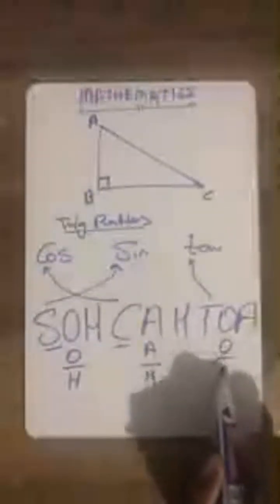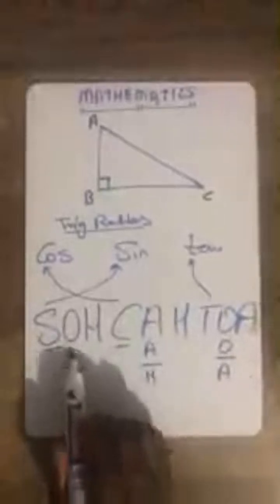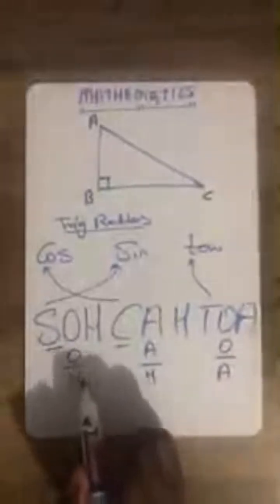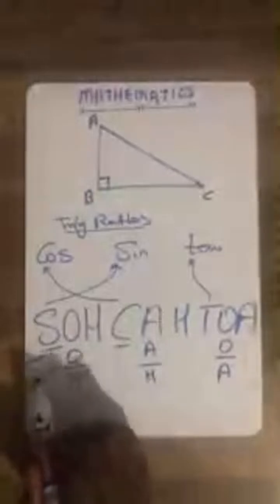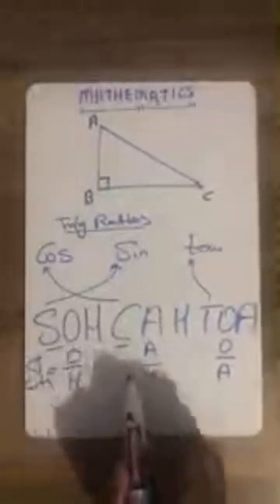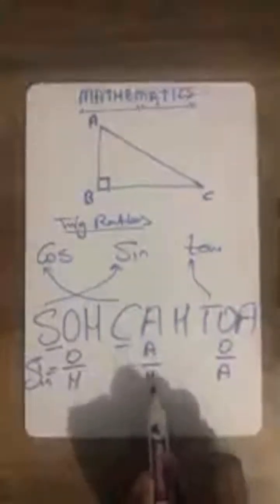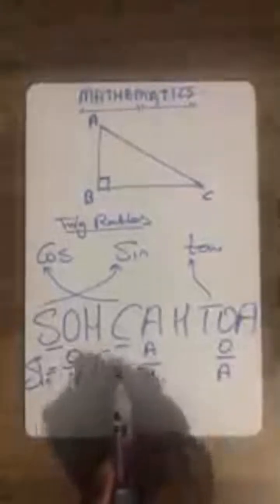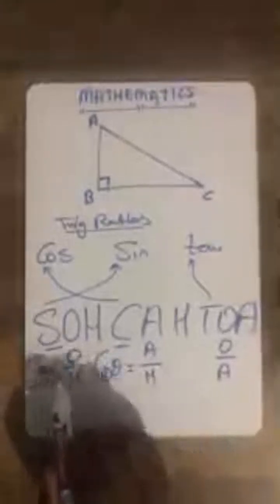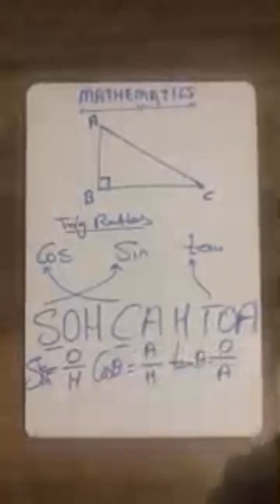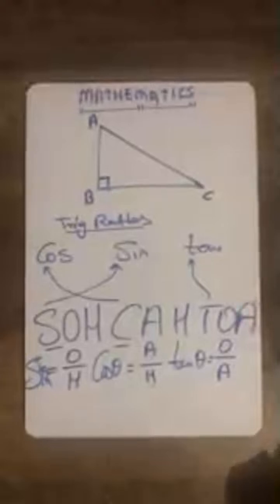When you take the side which is opposite and divide it by the hypotenuse, that is the trig ratio for sine. If you take adjacent and divide it by hypotenuse, that is called cos. And then that one will obviously be a tan.